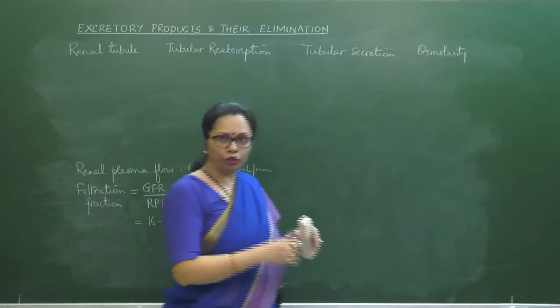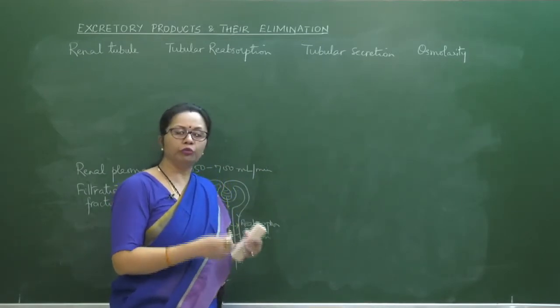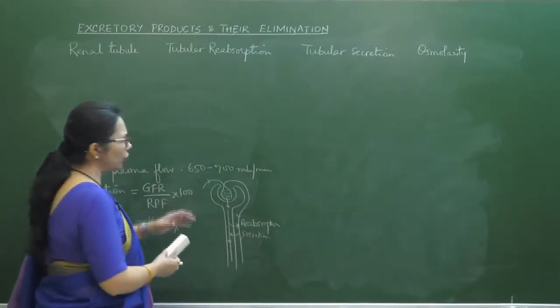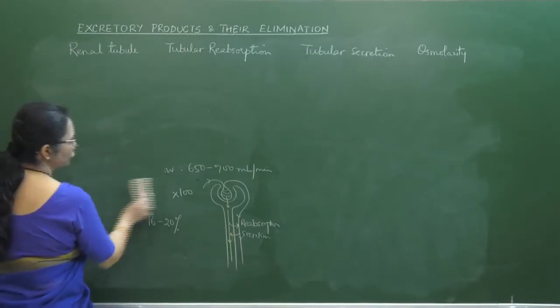That is, is it isotonic to our blood, is it hypertonic, that means more concentrated, or is it hypotonic, that is less concentrated. So that can be a narrow column there. So I think by this time everybody is through with this.